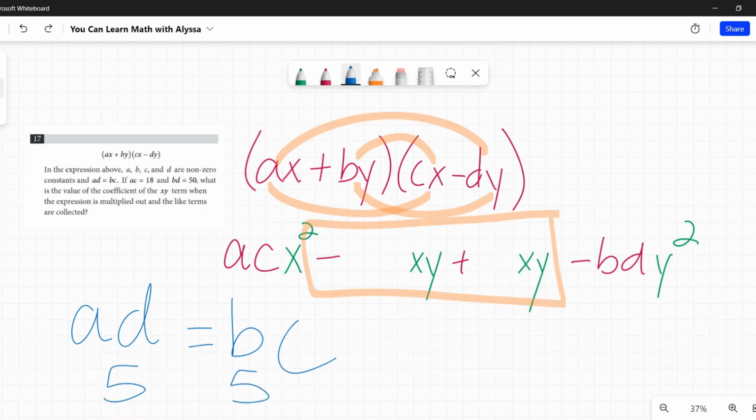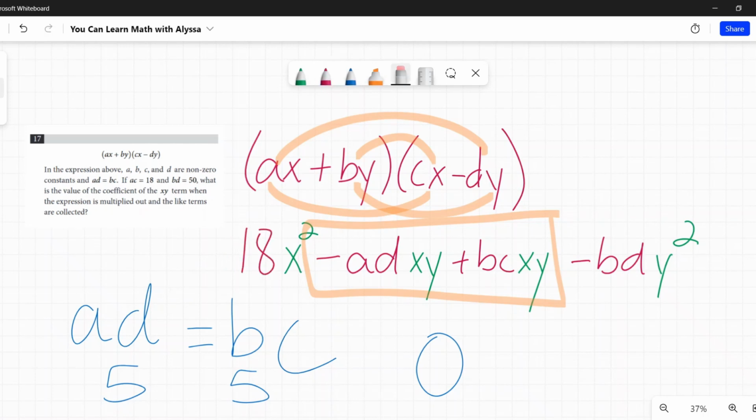AD and BC, they're going to cancel out because AD equals BC. Always. 0 is my coefficient for that middle term. If you would like to plug in the AC and the BD, you can. It doesn't really mean anything. If AC is 18, then that means this right here is 18.